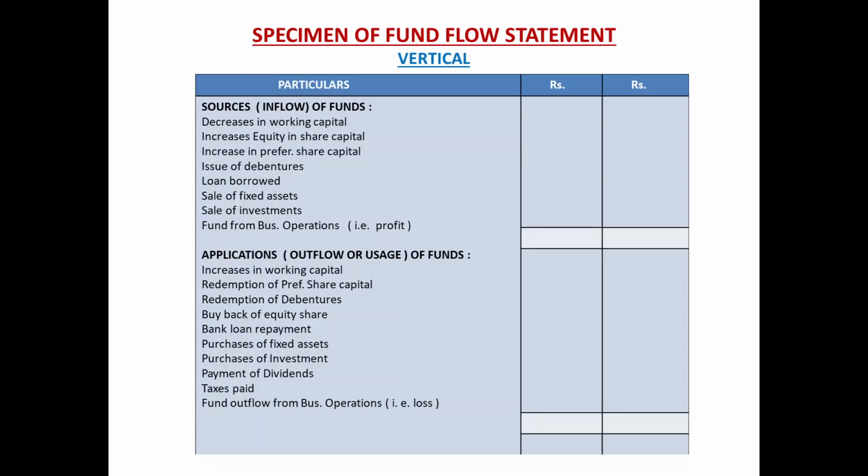Like we have to reach a particular destination and we can utilize two different ways to reach that destination. Likewise over here we have to report the fund flow statement, but there are two ways. Either you can utilize the horizontal format or the vertical format. The answer and understanding remain the same.